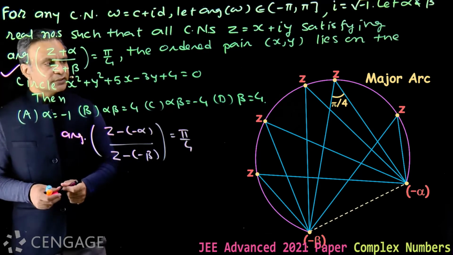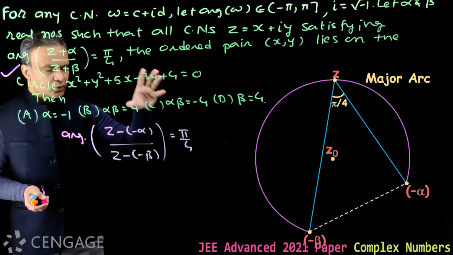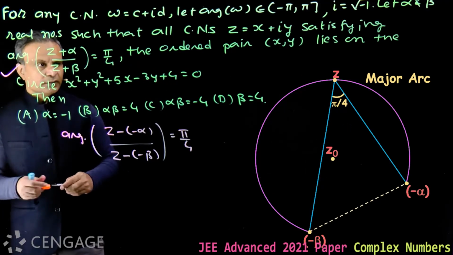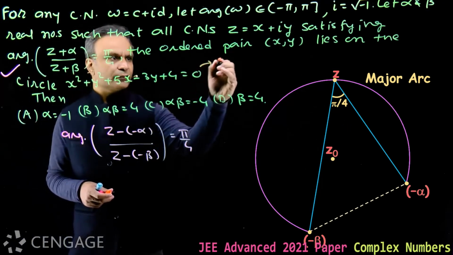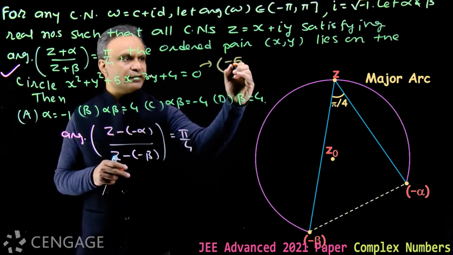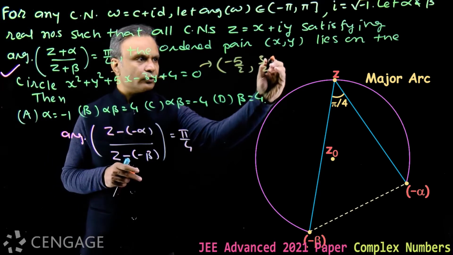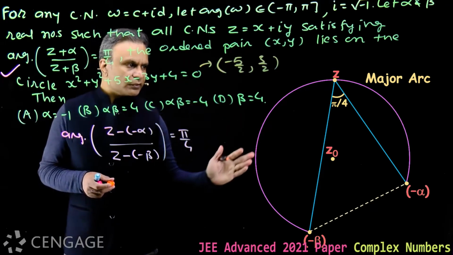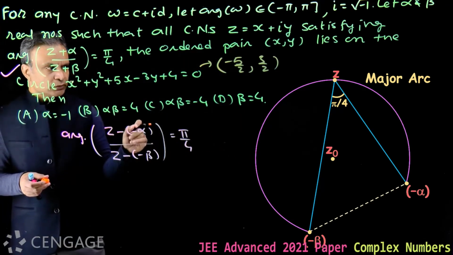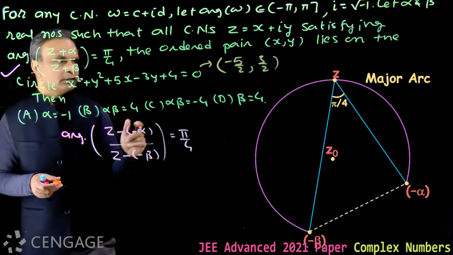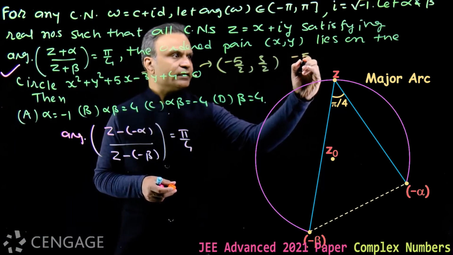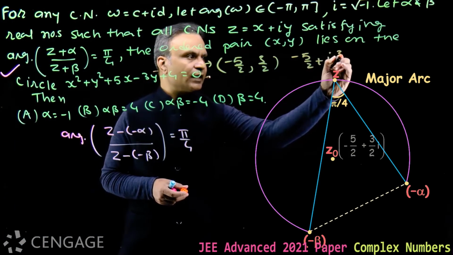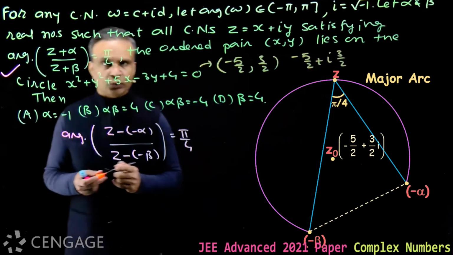That means the center of this circle, or center of this arc, will be minus 5 by 2 comma 3 upon 2. So the center of this arc will be the complex number z naught equal to minus 5 over 2 plus iota multiplied by 3 over 2.